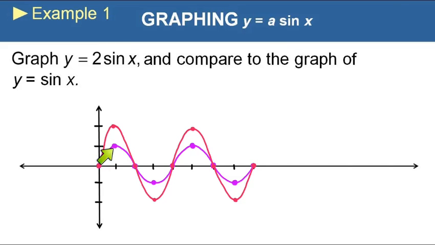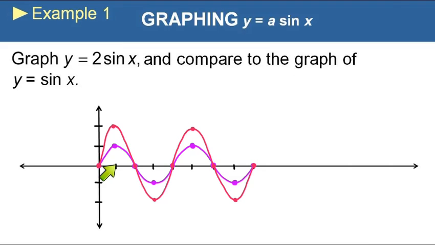The 2 sine x graph has the same period because it still takes 360 degrees to go one whole cycle. So the period did not change, but look, the amplitude changed. The amplitude of the basic sine graph is 1.